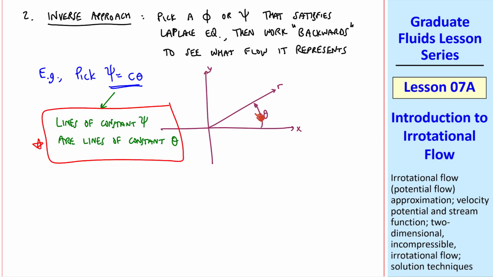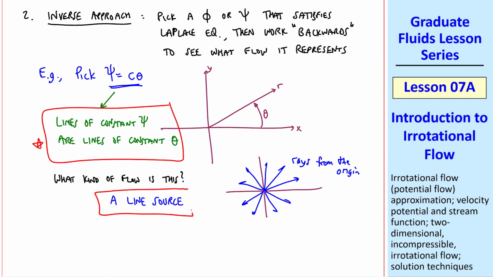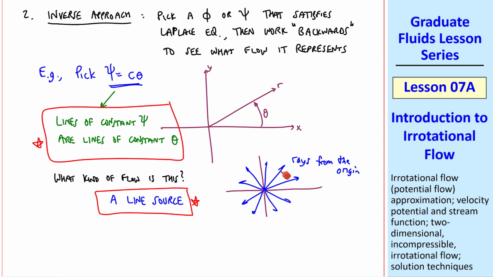If theta is some constant value, for example here about 40 degrees, then psi would be some constant times that theta value, which we would write in radians. So what kind of flow is this? Well, if we pick different values of angle theta, lines of constant psi, or streamlines, are rays from the origin. We call this flow a line source. There's a discontinuity at the origin, but other than that, the flow just moves out radially in all directions.